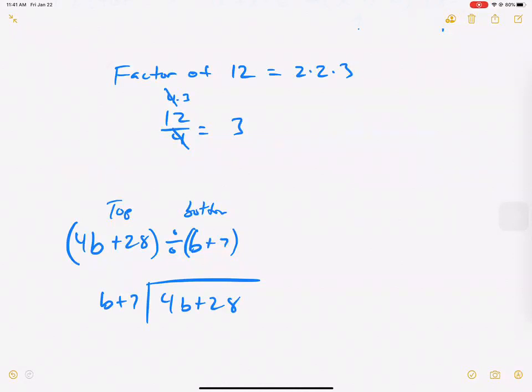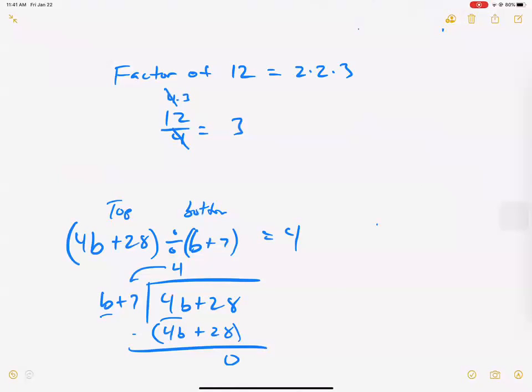If we're asked to do long division, we're going to match first. What can I match b to become 4b? Well, I need a 4 in it. Then we multiply 4b plus 28, and then we subtract, and that becomes 0. Turns out, the answer is 4. But why is it 4? How can it be so simple?